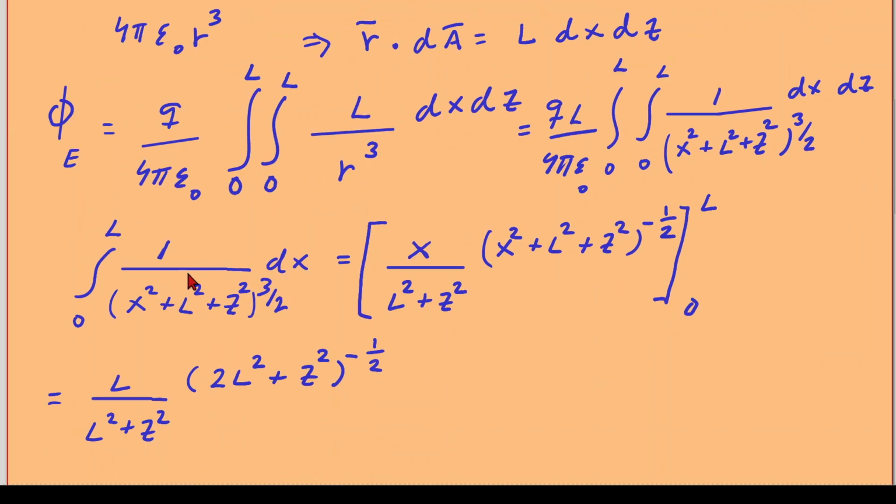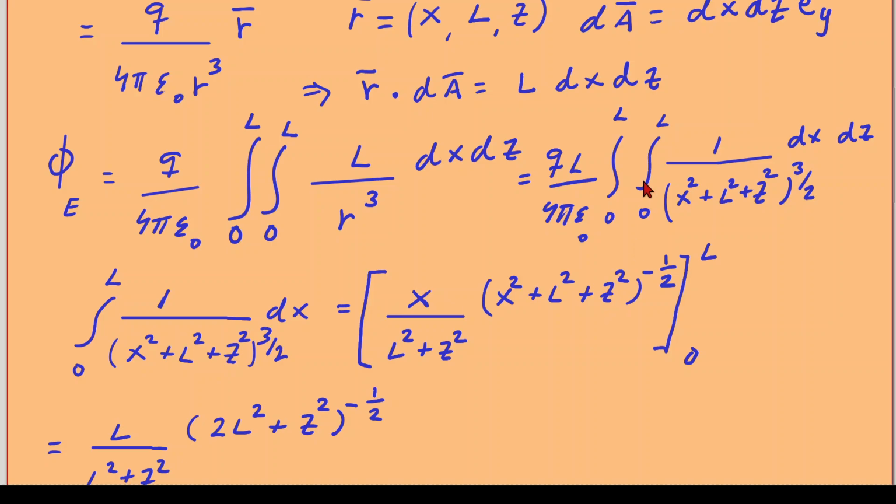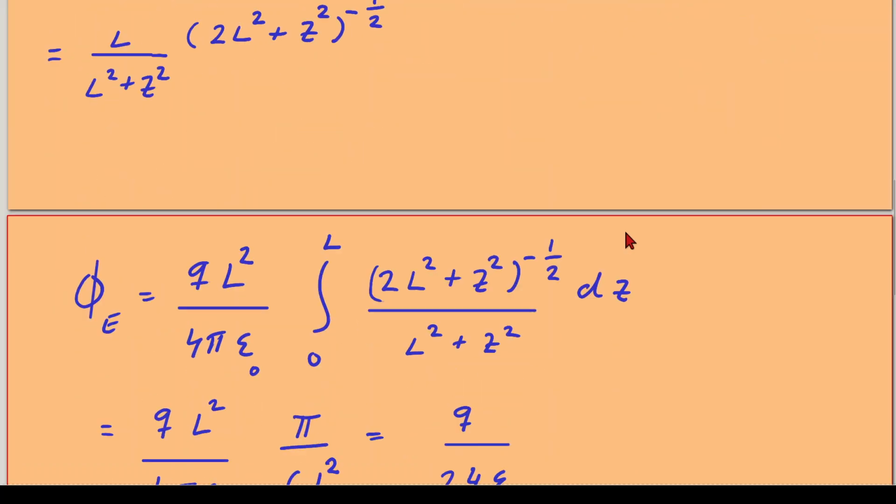And you can look up in the integral tables what this type of integral is, x squared plus a constant. And this is what you find as primitive function, evaluated from 0 to L, so minus 0, so it's only that one. So we already fixed the first integral here, and then the second integral.